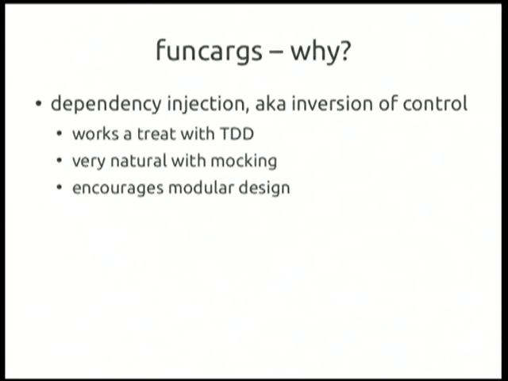And basically the idea is, instead of having a class instantiate the things that it needs, its dependencies, you pass its dependencies to it. And that doesn't sound like an awful lot, and it's something that is often quite natural in Python anyway, but it becomes quite powerful because it makes it a lot easier to test things with mock infrastructure.